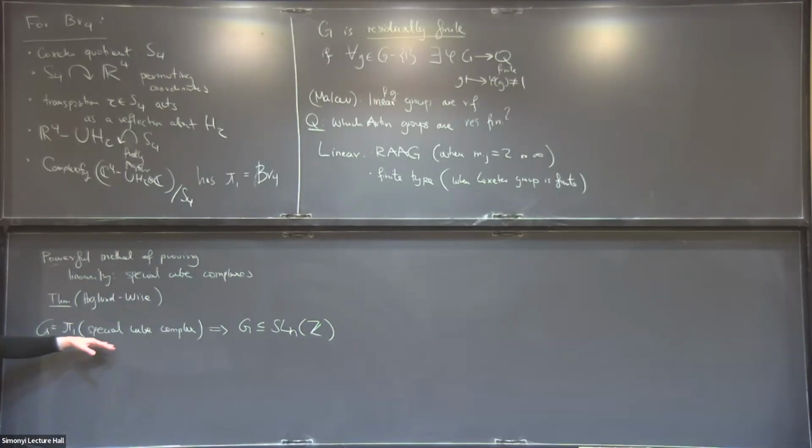There's a lot more to this theory, but it's constructible, and there are methods of finding ways of representing various groups as special complexes. So this is definitely something that one can try to do.